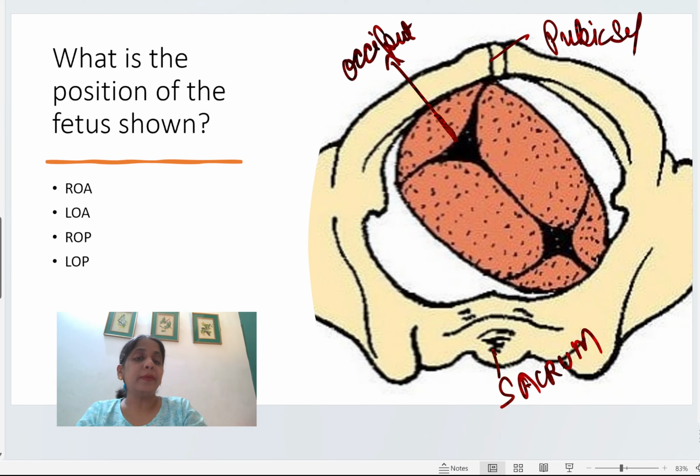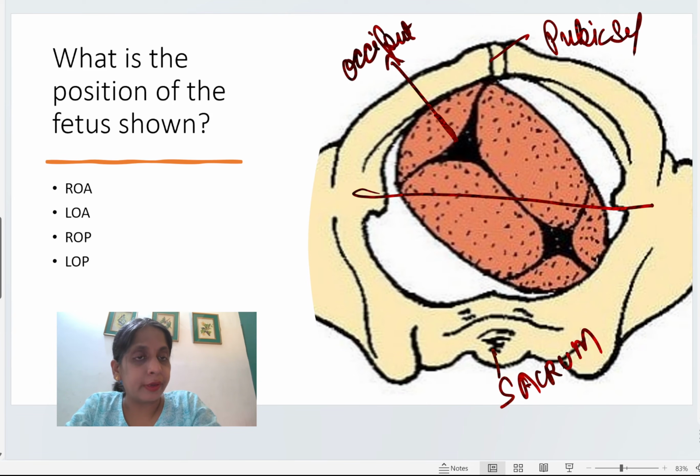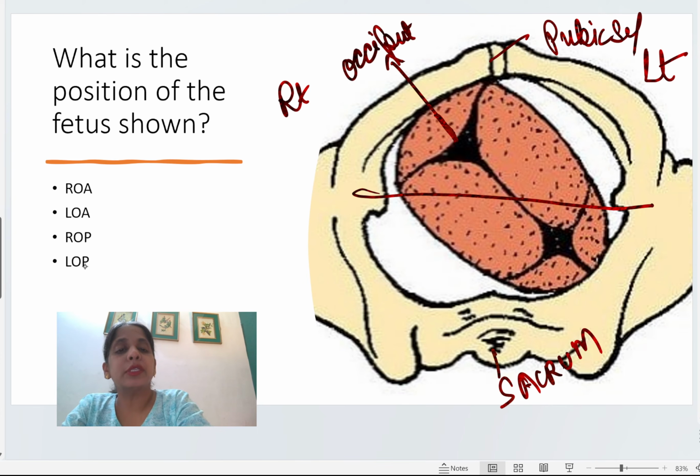The occiput is anterior. This is the left of the pelvis and this is the right of the pelvis. So the occiput is in the right anterior. This is right occiput anterior. The answer to this question is right occiput anterior.